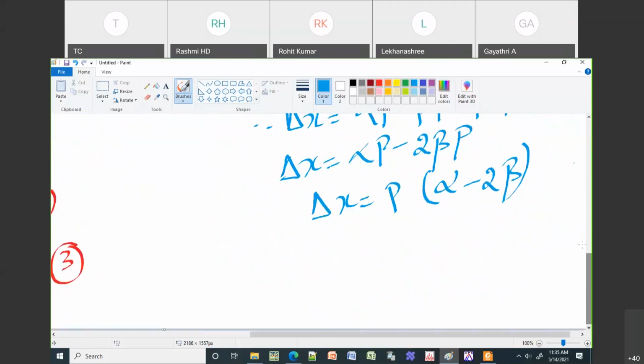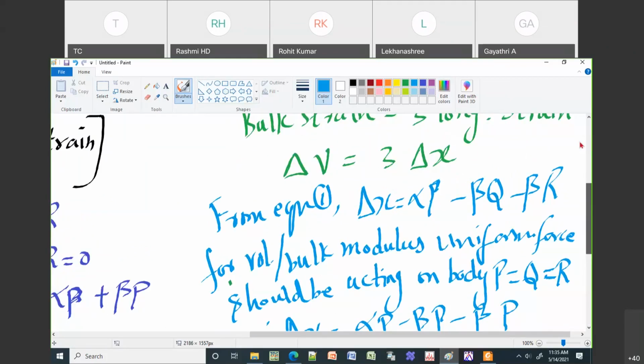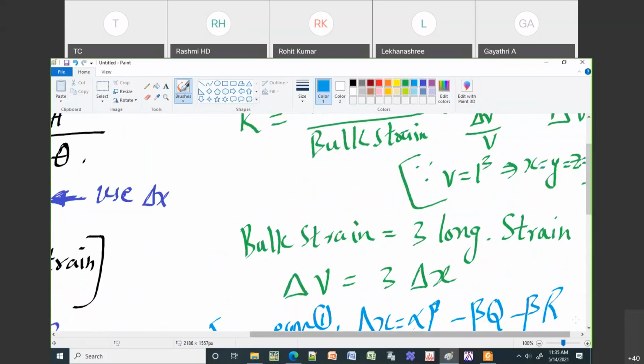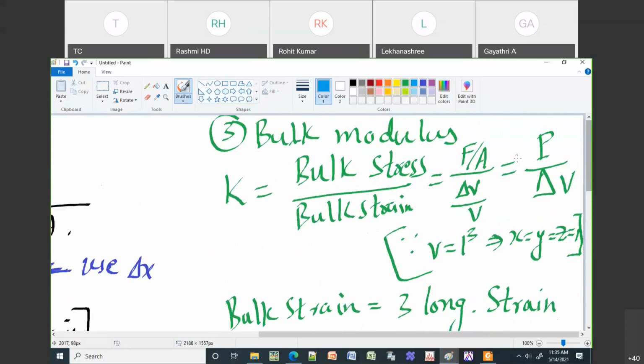Now again use this in your first equation. What is the first initial equation? You have to use this in the equation, P by delta V. So I'm going to write that again.